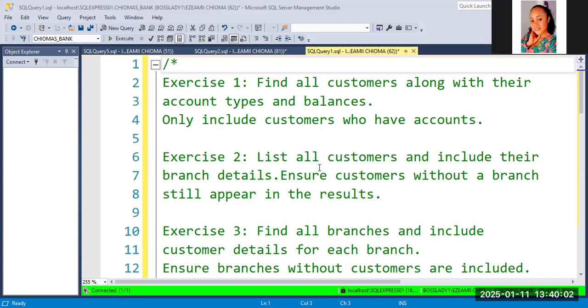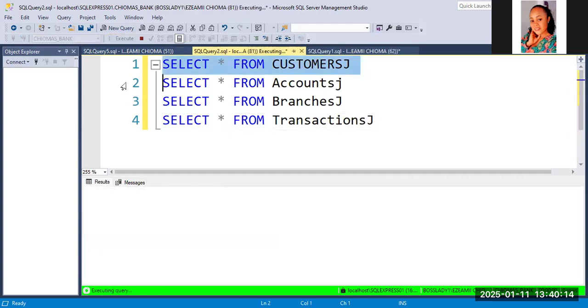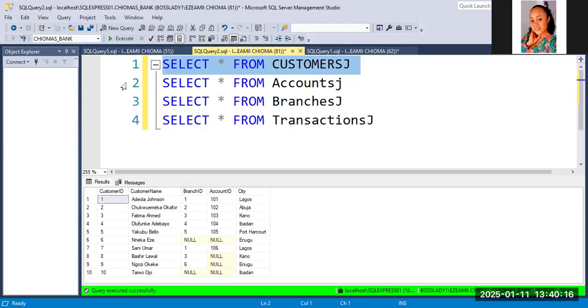So let's get started. These are the tables we'll be using. These tables were created just for the purpose of this lesson, all right? We have our first table, the customers table. This contains information on our customers. Because it's just for this lesson, I made it simple: just the customer name, customer ID, and other foreign keys from the other tables.